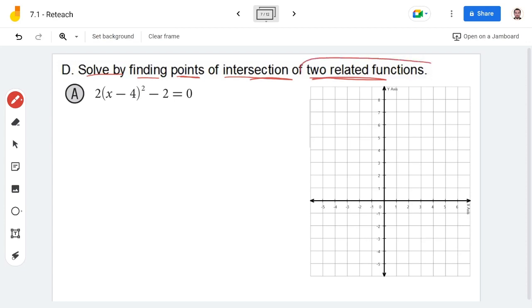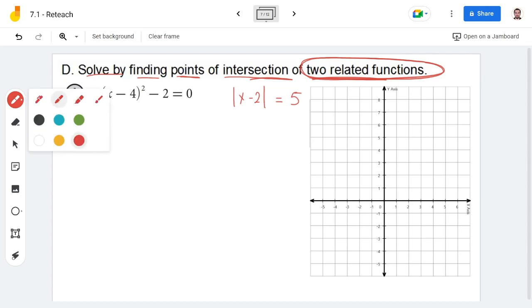So what are the two related functions? It's similar to the lesson of the absolute value. Before we solve, do you remember when we have an absolute value like this? Let's say, for example, |x - 2| = 5.